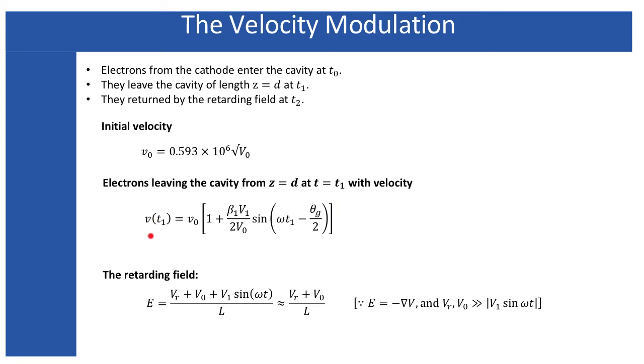So the equation for the velocity modulation will remain the same, but the retarding field, which is the new one for the reflex klystron oscillator, is equal to this one, the total voltage divided by the distance, or you can say the separation between the repeller end and the first cavity, because we know the electric field can be represented as the negative gradient of the potential.